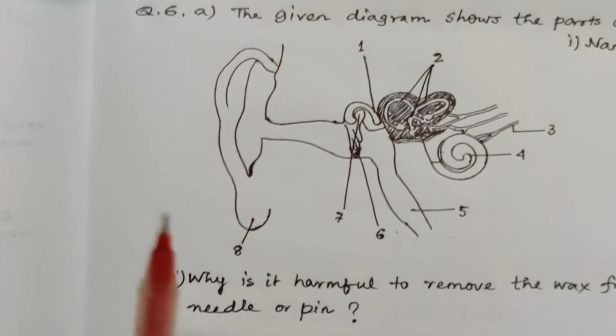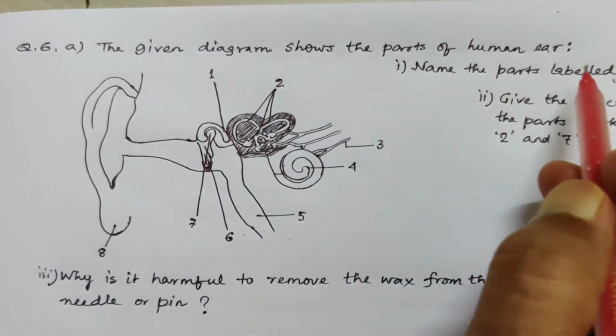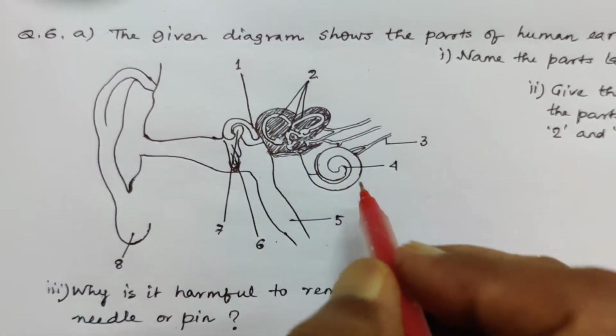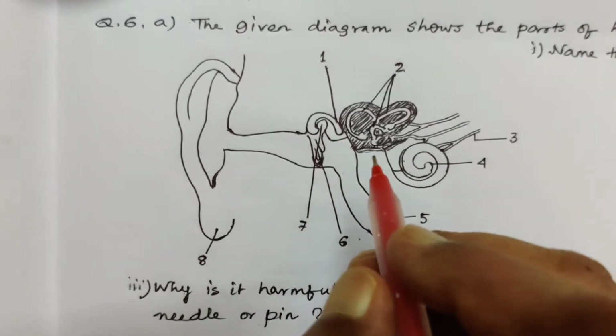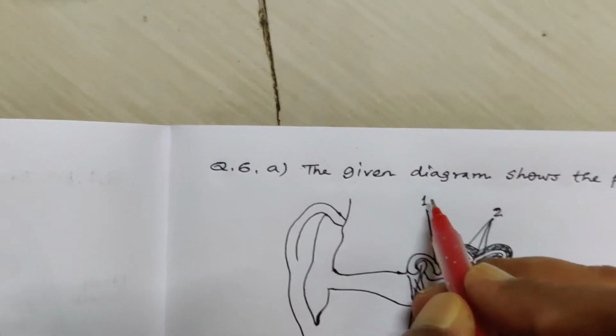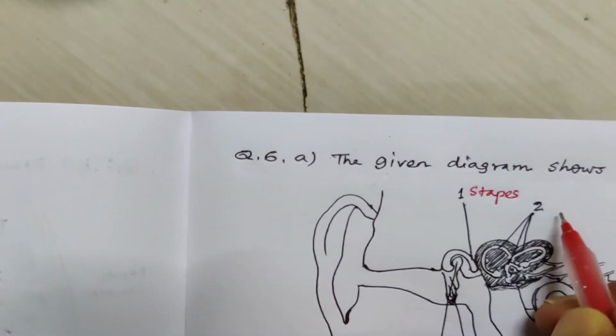Coming to the next part of the question, that is a choice. Choice is yours. The given diagram shows the parts of the human ear. Name the parts labeled 1 to 8. Part number 1 is stapes. This is the last bone, stapes. 2.